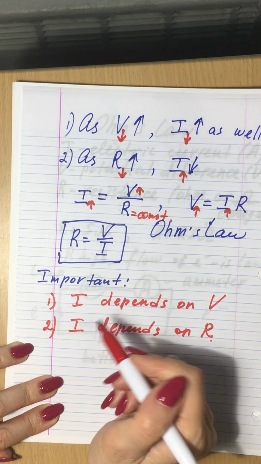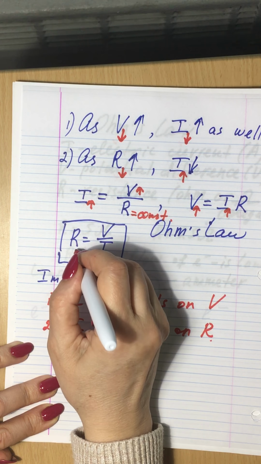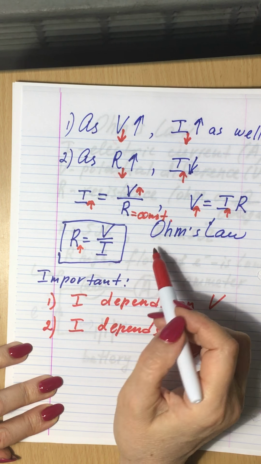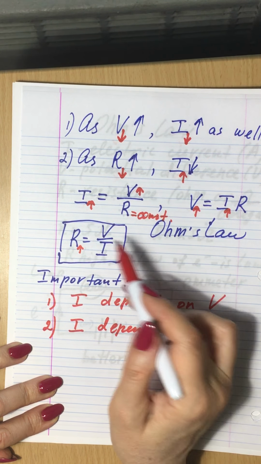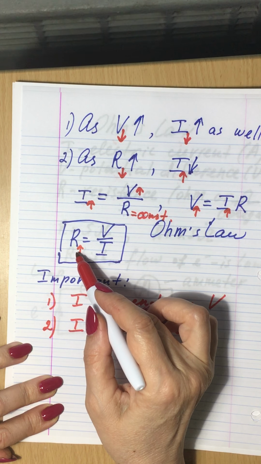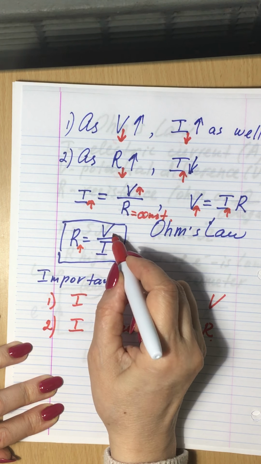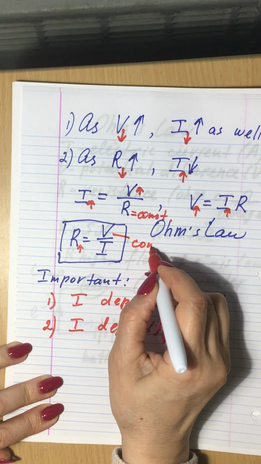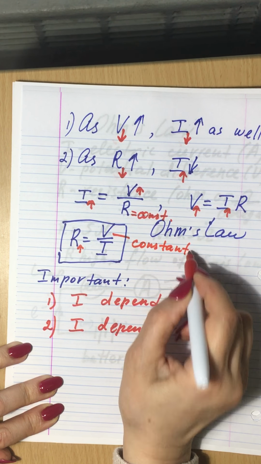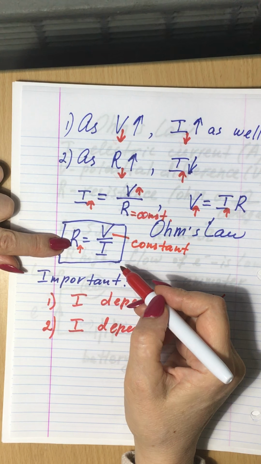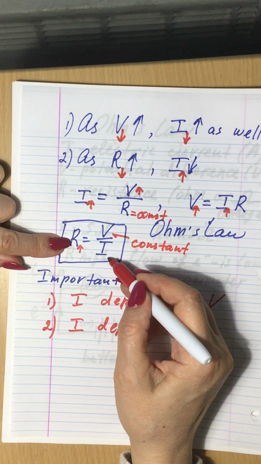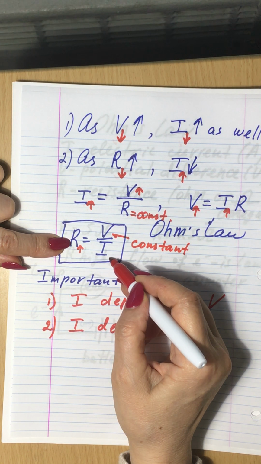Let's look at this equation. Let's say I'm increasing R. Like I told you, you cannot change both quantities at the same time. So you're only changing R, and you keep V fixed, it's constant. So if you're increasing R and V is constant, what must happen to I?